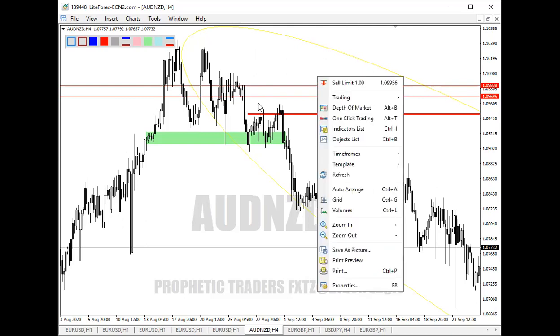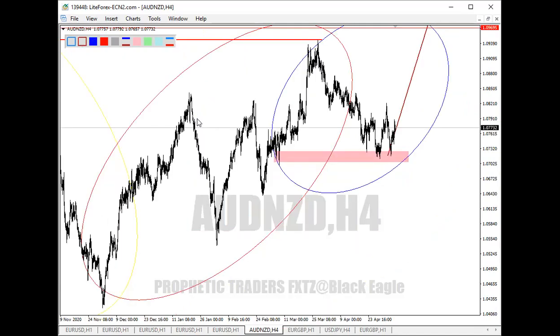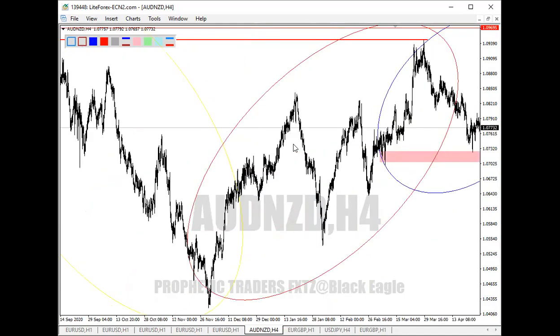You can't take this supply because it came from SDE, significant demand engulfing. From that you can take entry.